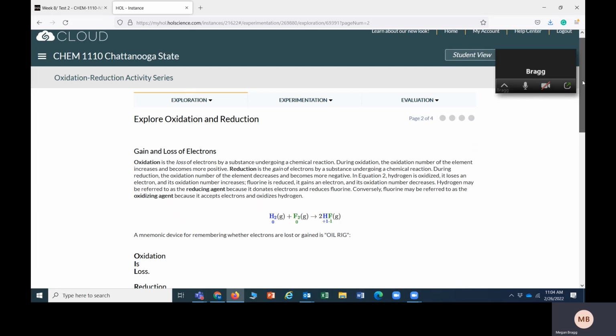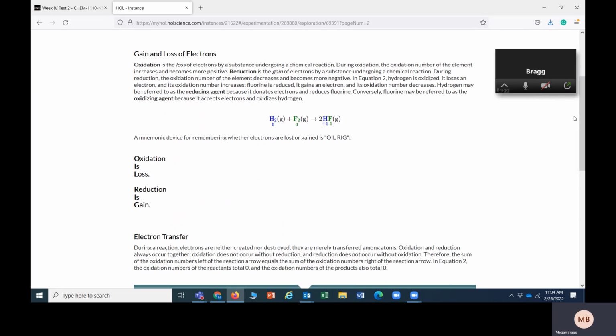And here's oxidation and reduction. Notice there's a blue thing on the left, and it is becoming positive. It's going up. So that's oxidation, when that number's increasing. I like to remember that because the X looks kind of like a positive sign. And reduction is when the number is going down.